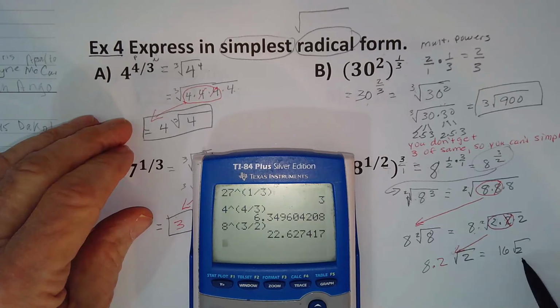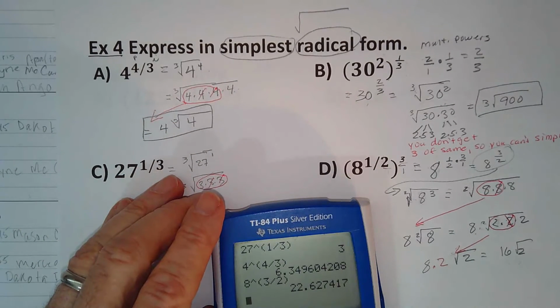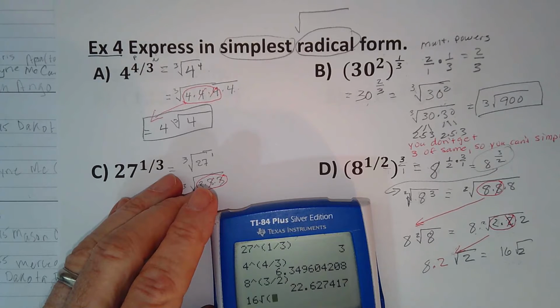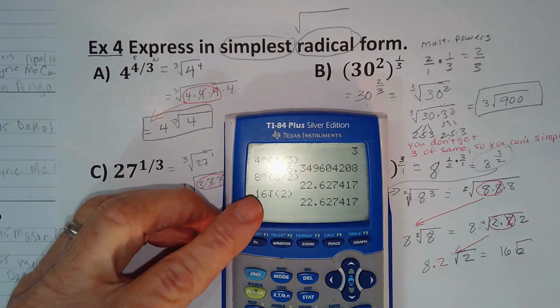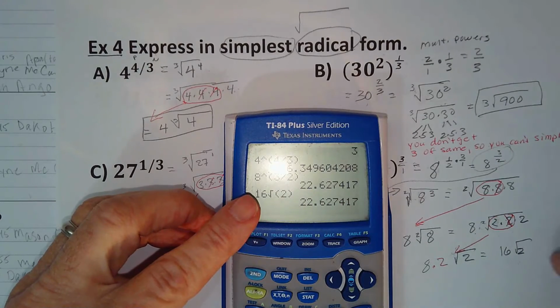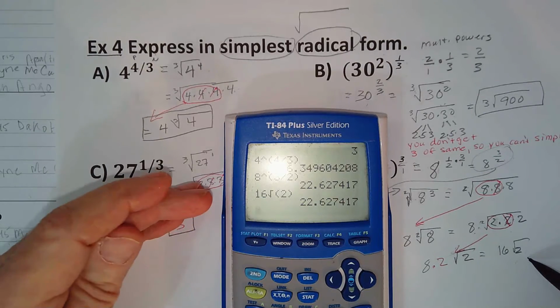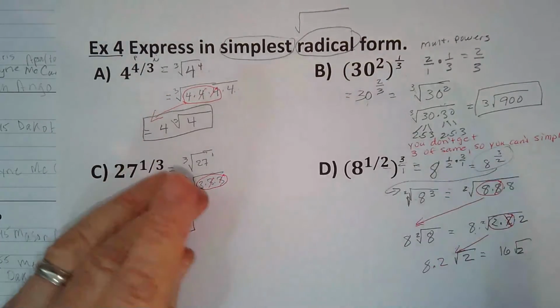So I'm going to type in 16 times the square root of 2. Close parentheses, hit enter, and look at that. I get the same exact answer. So that tells me that I simplified from here to here correctly. And I proved it with a calculator. So those are useful things that we can use going forward.